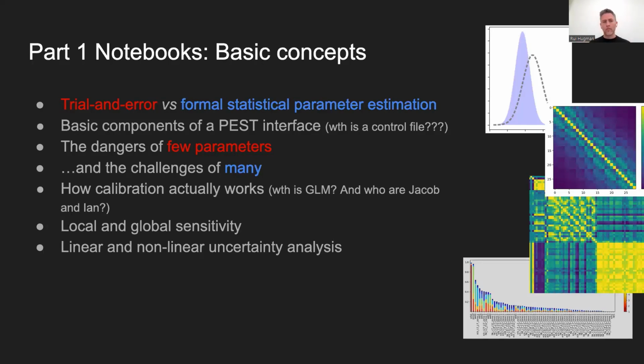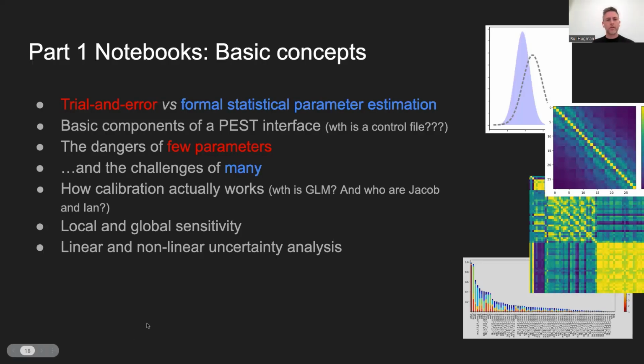And from there, we segue into a bit more of how the algorithms are actually working, what the Gauss-Levenberg-Marquardt algorithm means, and what's actually going on when we're running pest.